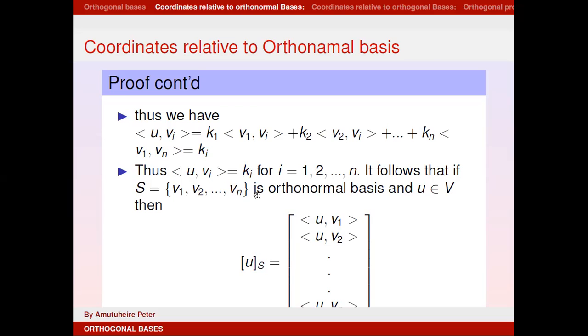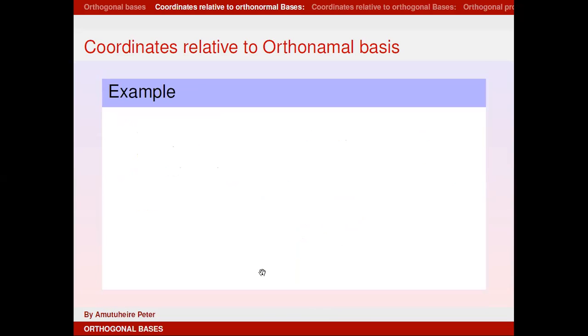It follows that this is an orthonormal basis for U, and U in V can be written as U relative to the orthonormal basis S. So we get the inner product of U, V1, inner product of U, V2, and so on up to the inner product of U, Vn. So this one gives us the coordinate of U relative to this orthonormal basis S.